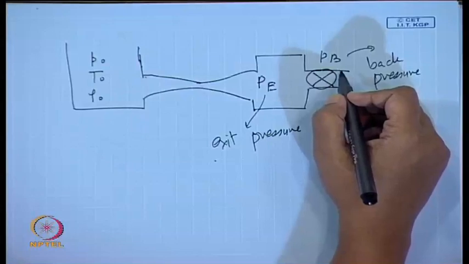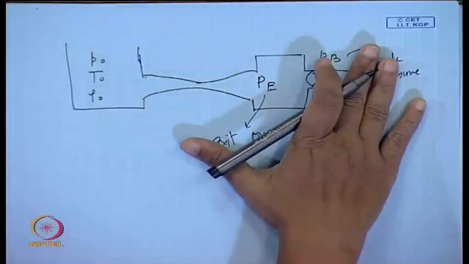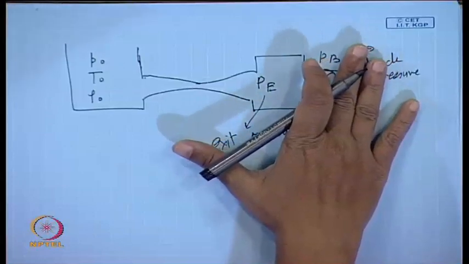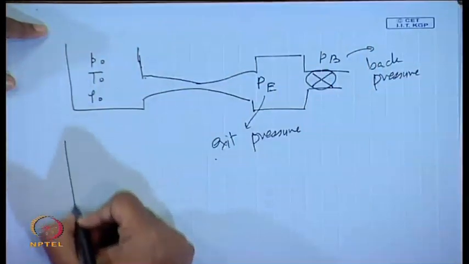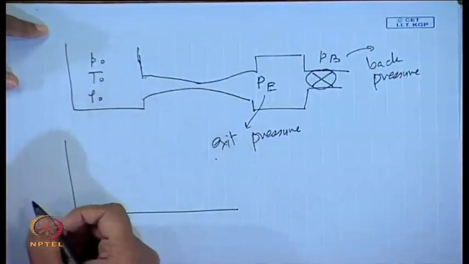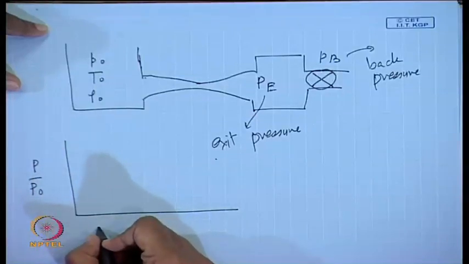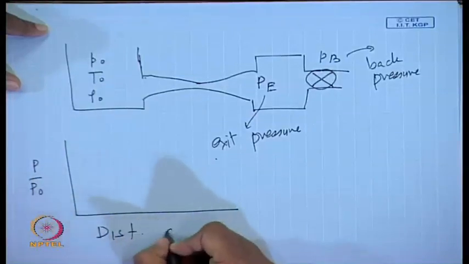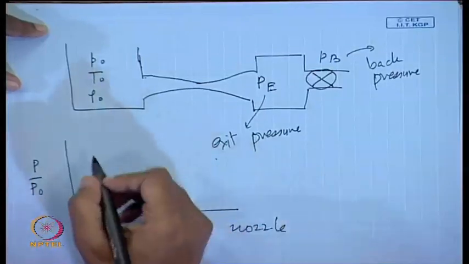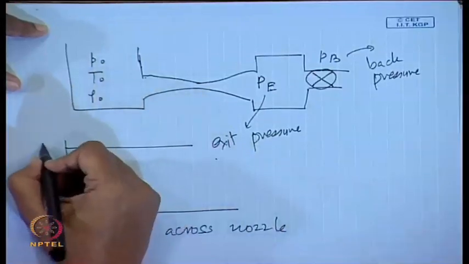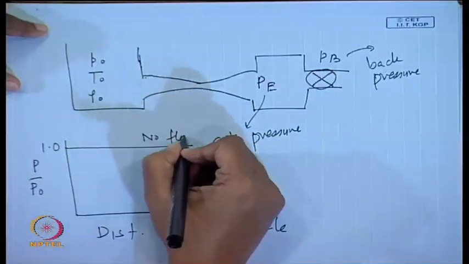Initially the valve is closed, everywhere the pressure is P 0 and there is no flow, just like what we had seen in the previous case. Here also I would like to plot P by P 0 with distance across the nozzle. Same thing. Initially it is 1.0, we do not have any flow.